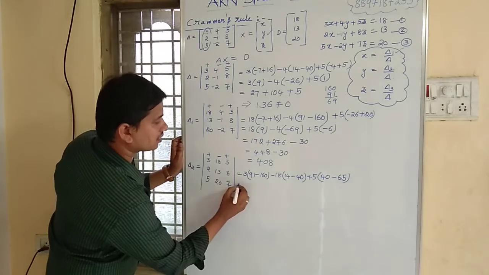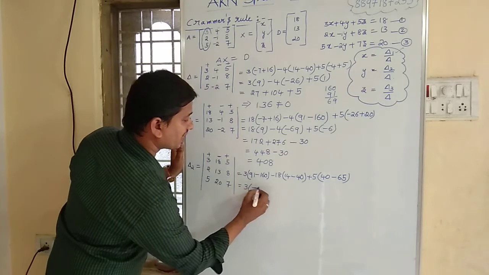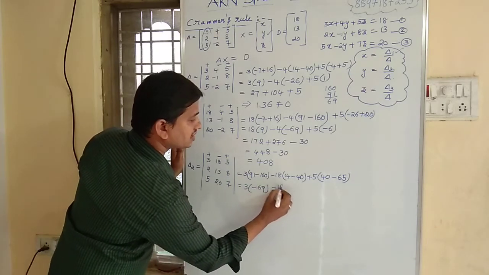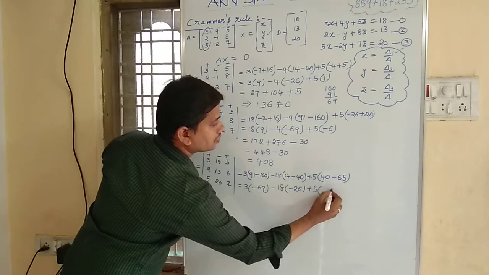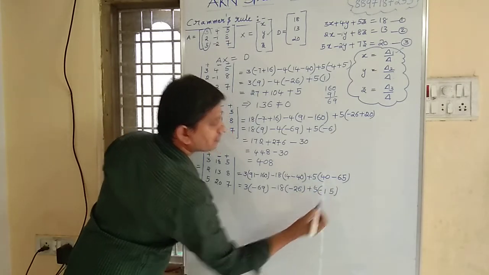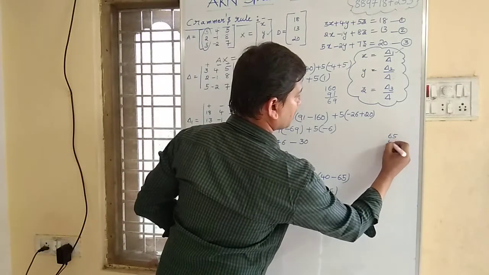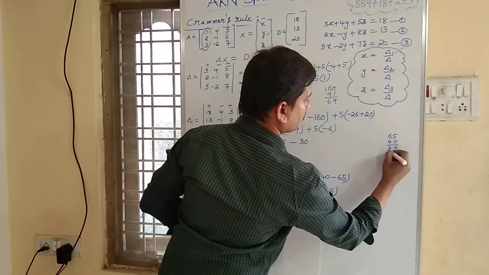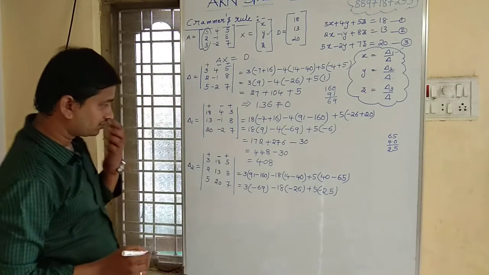Okay, what is 91 minus 160, which is equal to minus 69, minus 18 into minus 26 plus 5 into 10 minus 5 5, 5 minus 4 1, which is minus 16, children. 65 minus 40, that is 25 minus 25.